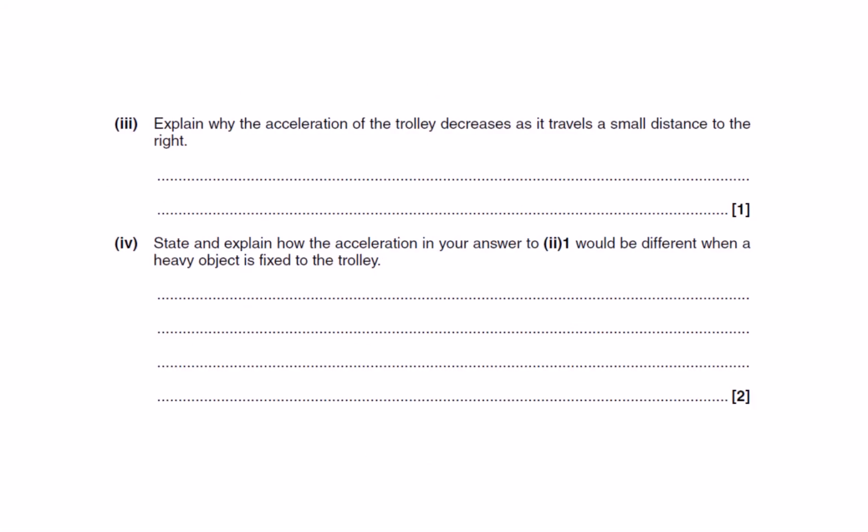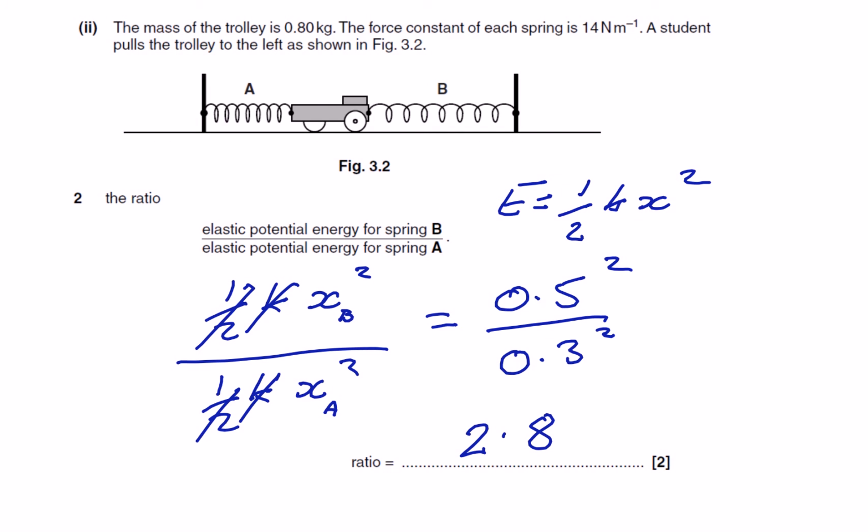Now let's move on. We've now got to explain why the acceleration of the trolley decreases as it travels a small distance to the right. Okay, so if we go back, let's just have a look at our diagram. The reason it's said a small distance is because as this trolley moves over to the right, through the equilibrium position, it will change. So it's just asking us what's going to happen to the acceleration just as it moves a little bit.